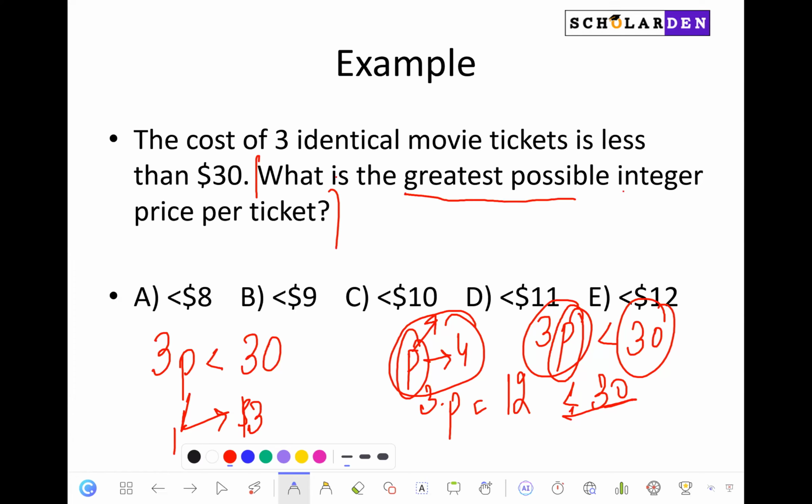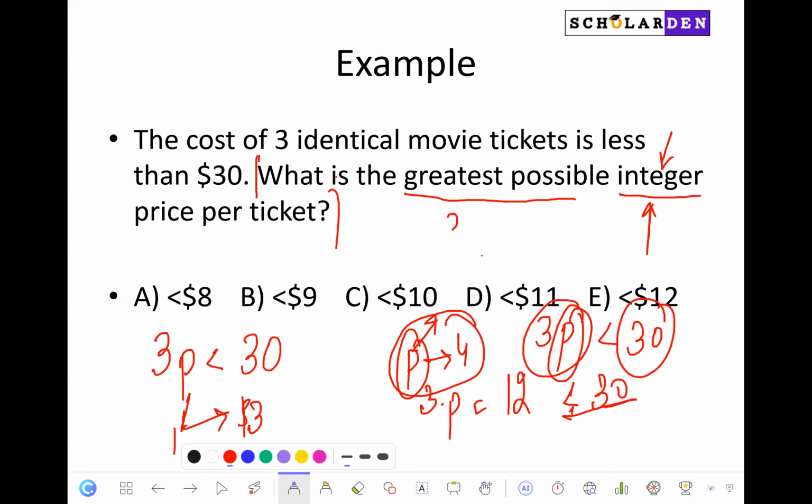The second condition is that fractions or decimal numbers are not allowed. So it has to be an integer. 8.5, 9.5, 9.7, 9.11 might bring you closer to 30, but they're not valid choices because the ticket price has to be an integer value.